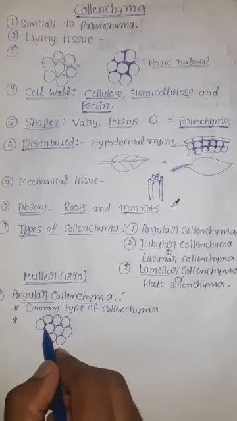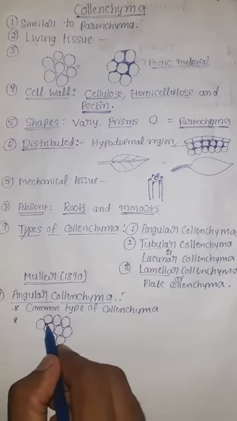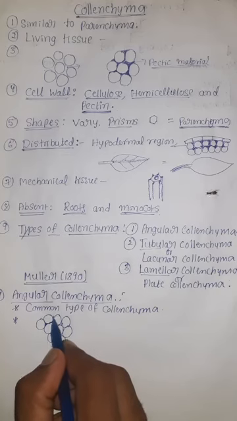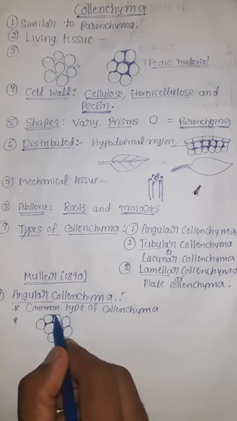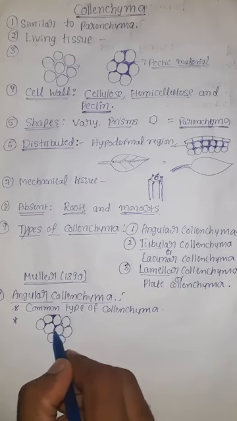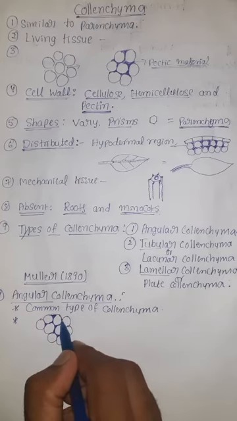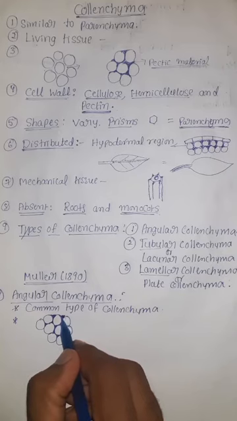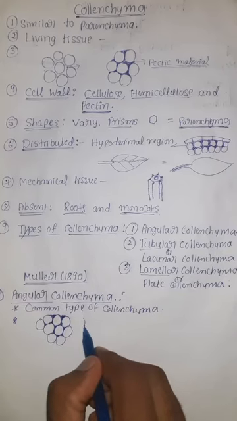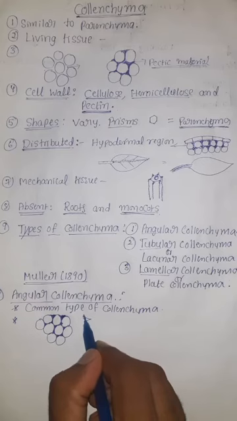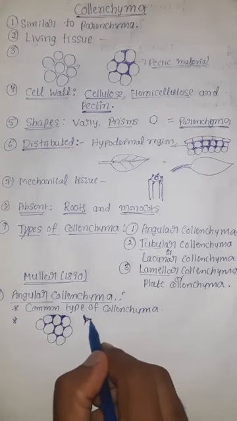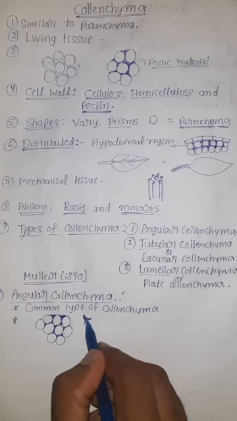In angular collenchyma, the pectic material is deposited only in the corners of the cells. So the pectic material appears in angles, like this.